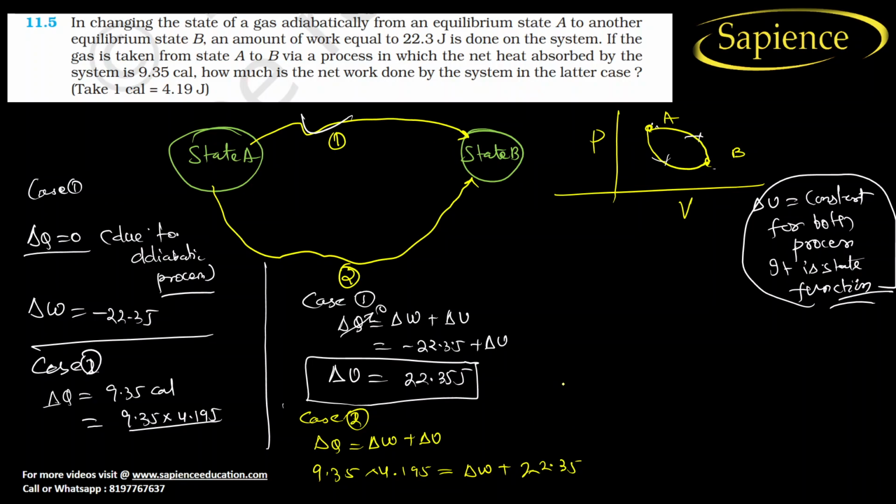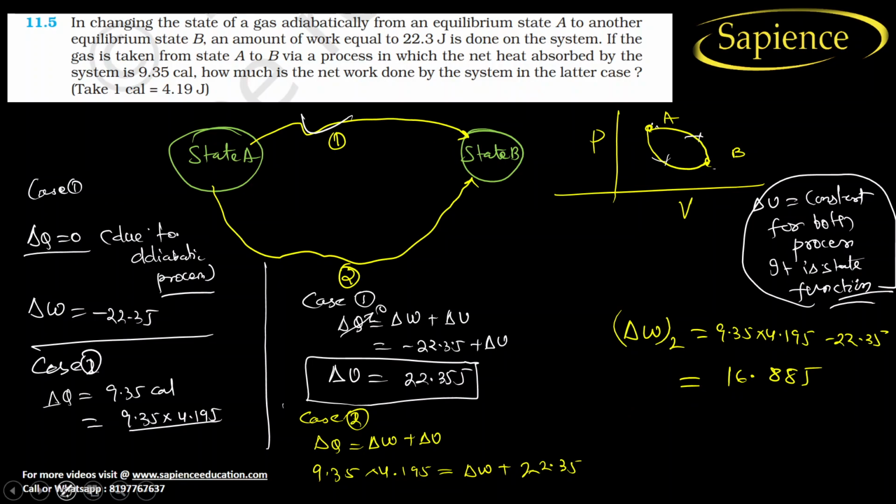Now from here, for case 2, delta W for the process 2 is equal to 9.35 into 4.195 minus 22.35. When we subtract this, our result will be approximately 16.88 joule.